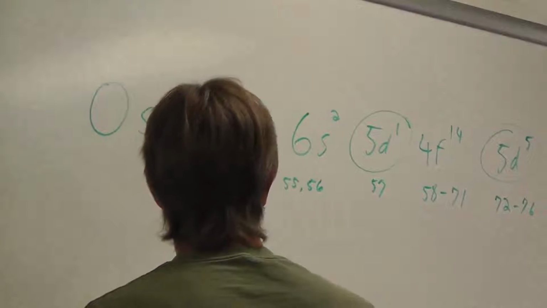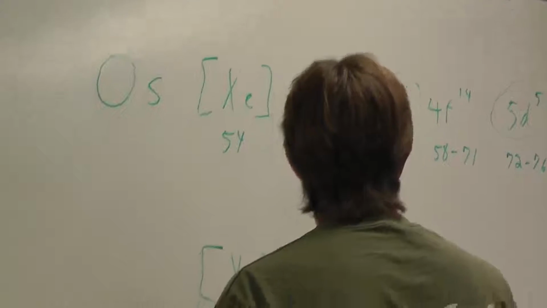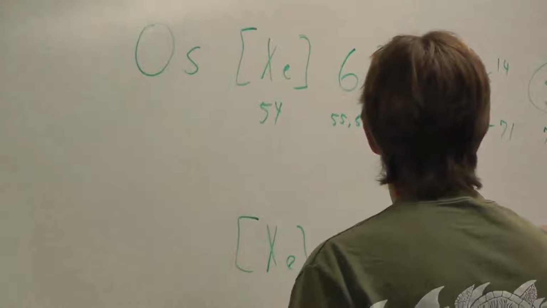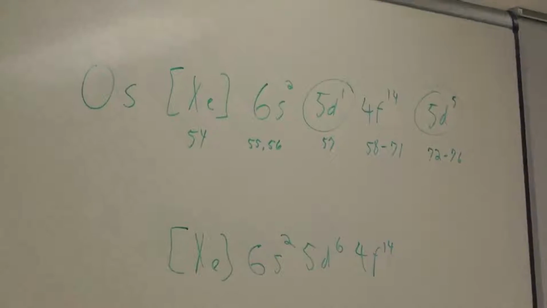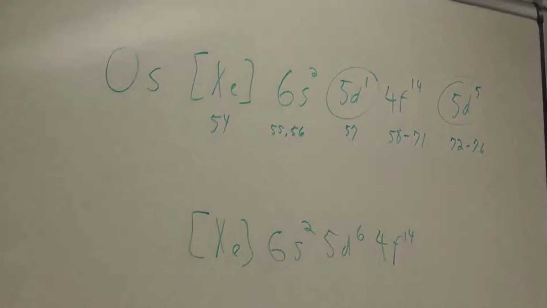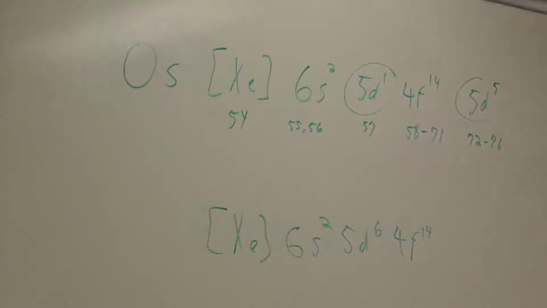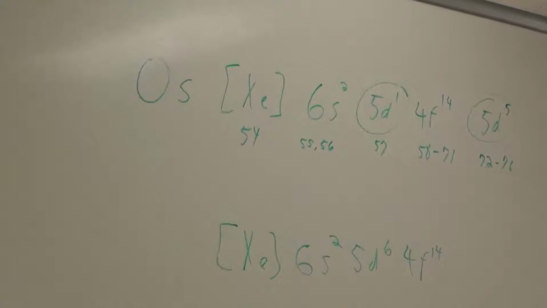By the time you're done, that needs to be 5D6. If you want to put 5D6 before the 4F14, that's fine. Or if you want to put 4F14, then 5D6, that's fine. As long as you're showing 5D only once, and that there's a total of 6 electrons in it.